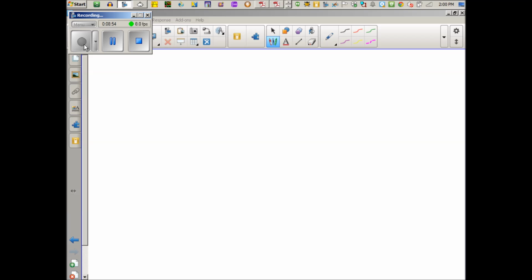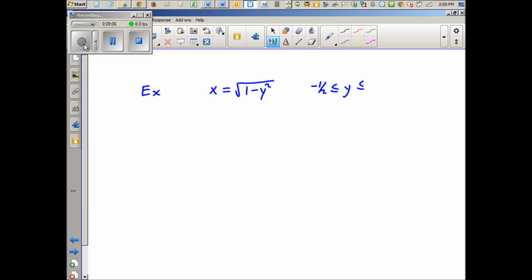Okay, so it's number 4 from our textbook, and it is the equation x equals the square root of 1 minus y squared, between -1/2 is less than or equal to y is less than or equal to 1/2.